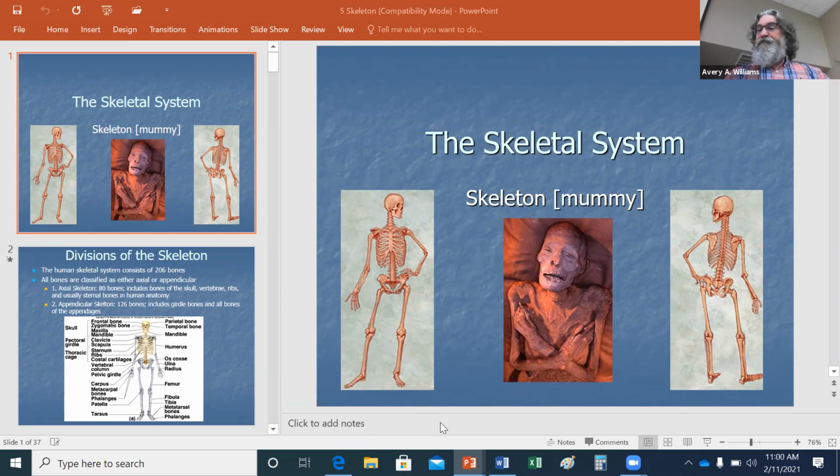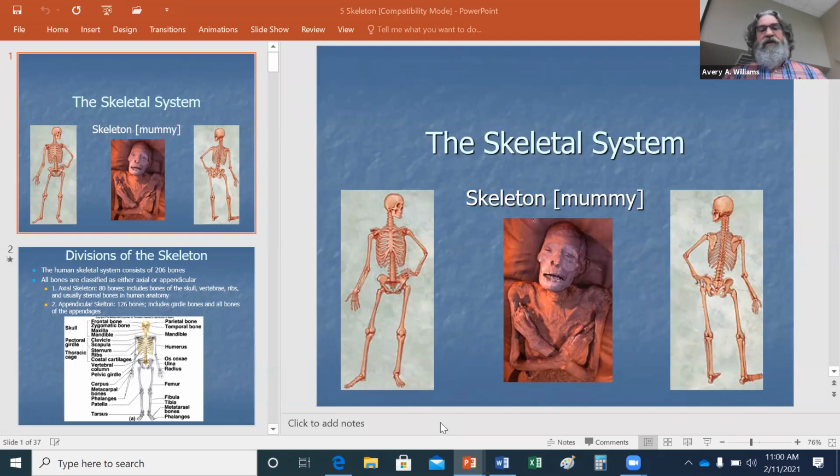Okay, anyway, it's 11 o'clock, so it's time to get started. Today's Thursday, February 11th, 2021. And you guys are Biology 1160 Section 2, my Tuesday, Thursday section. And last time we finished up the skin.